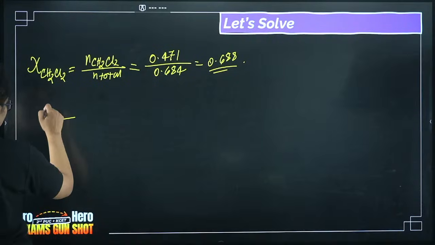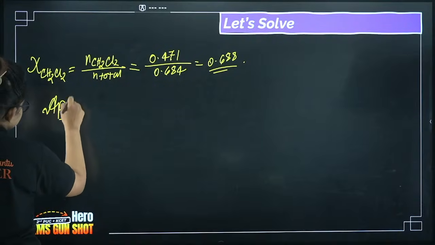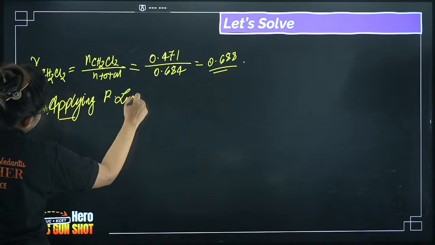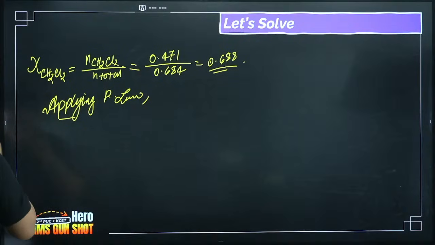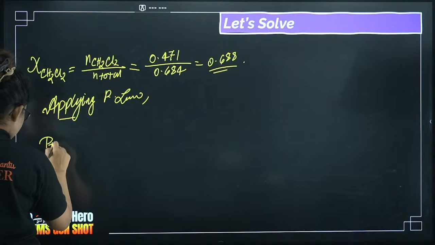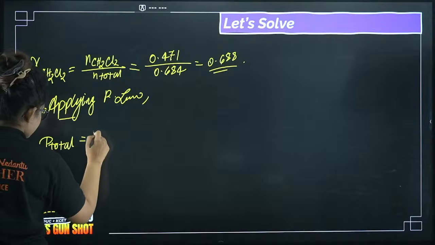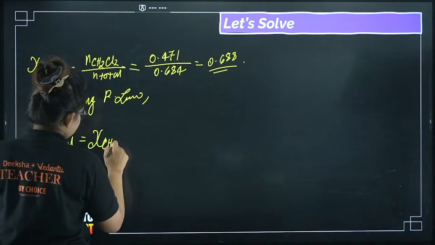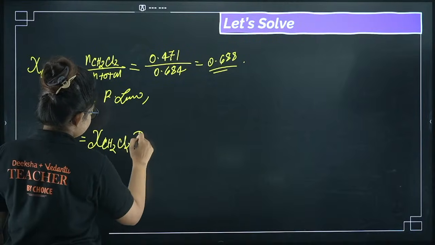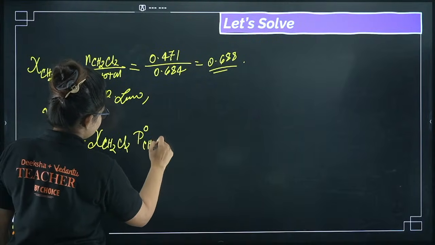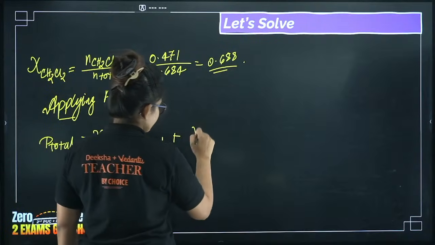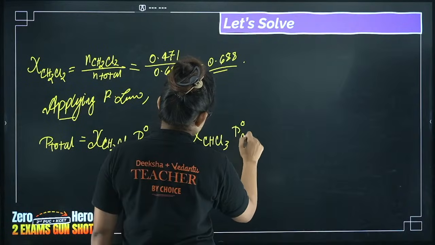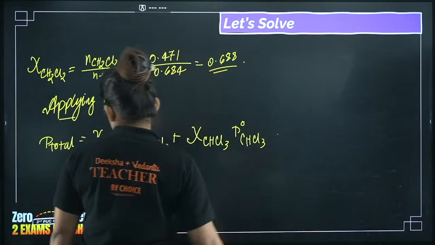Now we can apply Raoult's law. So from here, P total is basically the mole fraction of the components I am having: mole fraction of CH2Cl2 into P0 of CH2Cl2, plus mole fraction of CHCl3 into P0 of CHCl3.